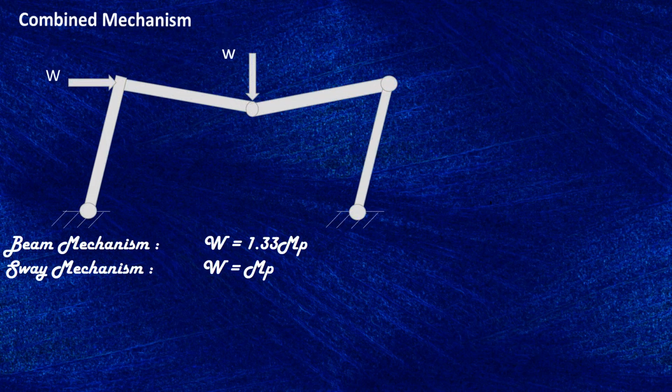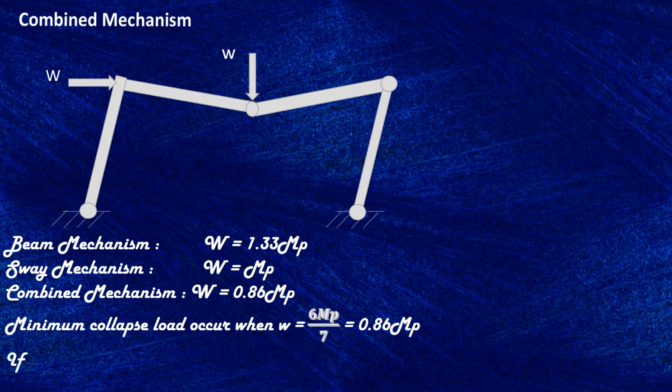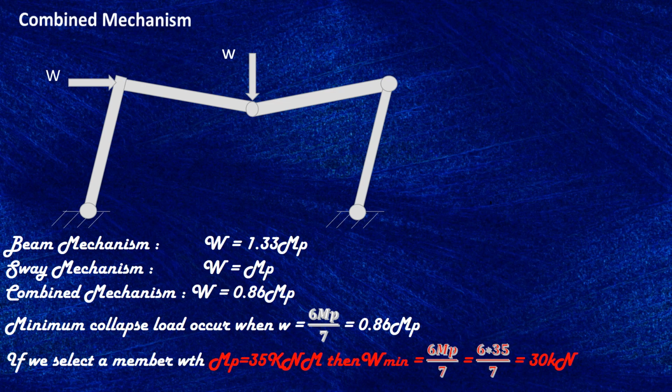When we compare these mechanisms, we get that the combined mechanism has provided us with the minimum load, which is 0.86 MP. If we select using that minimum load the members that cause a combined mechanism, where MP is equal to 35 kilonewton meter, we find W minimum to be 30 kilonewton.